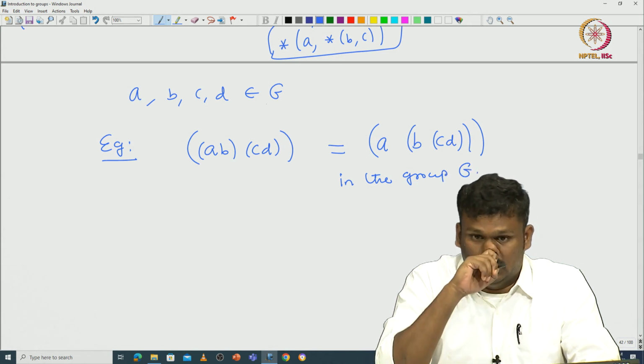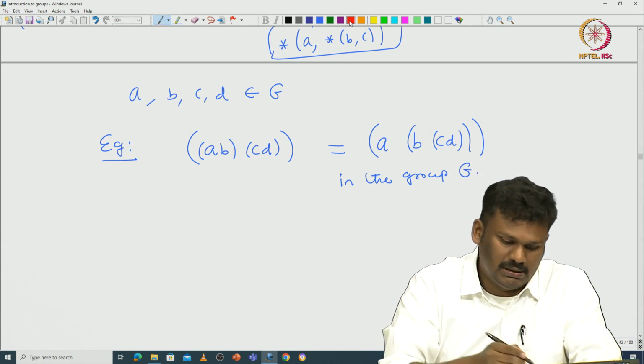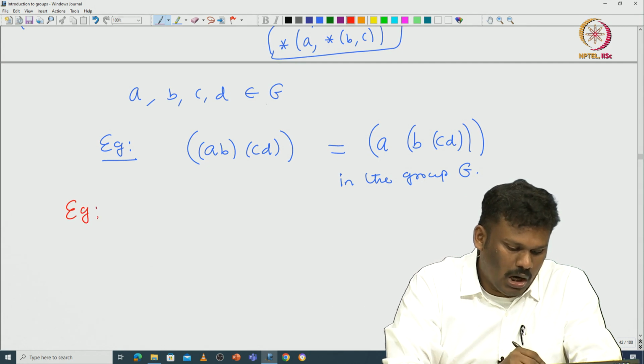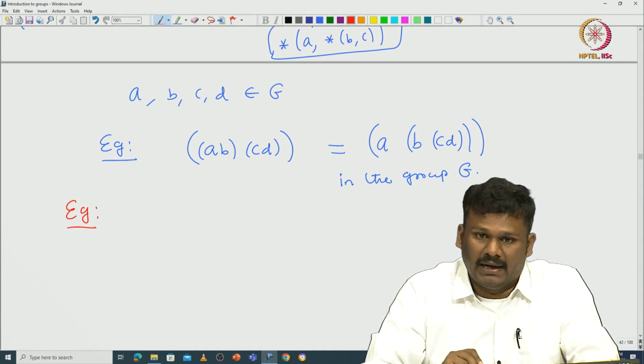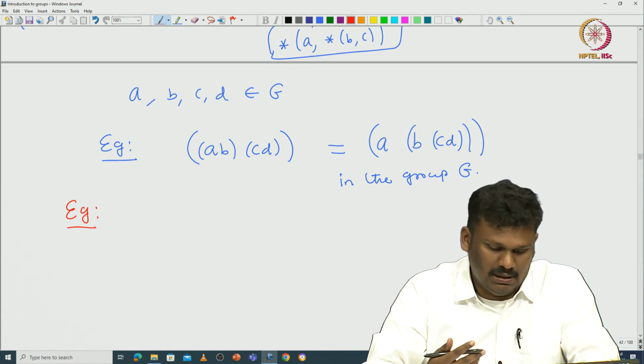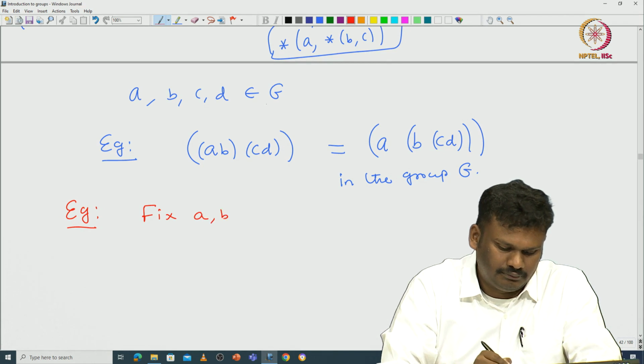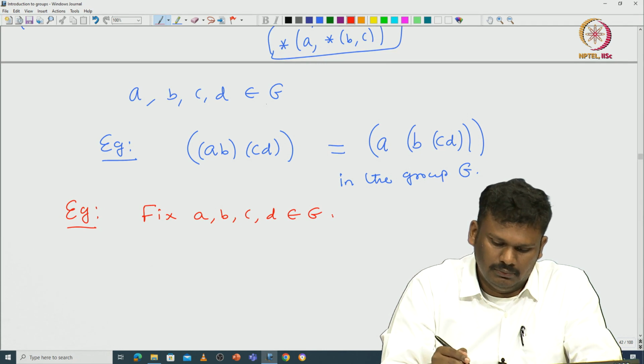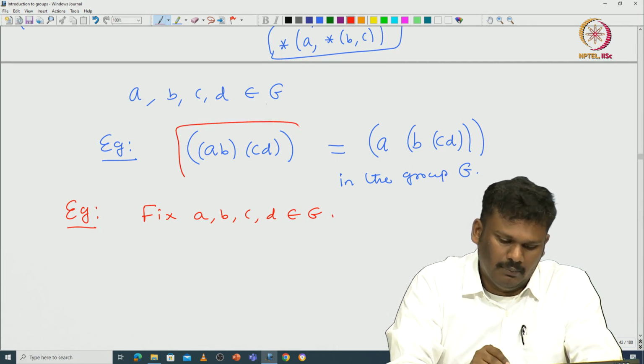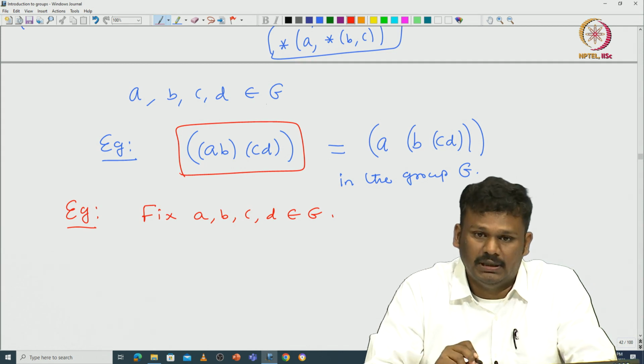Okay. So, I will leave it as an exercise to think about how many possible brackets you can get from the given A, B, C, D. So, you fix this A, B, C, D in G. Not exactly in G, what I am talking about is the number of possible groups that you can make.